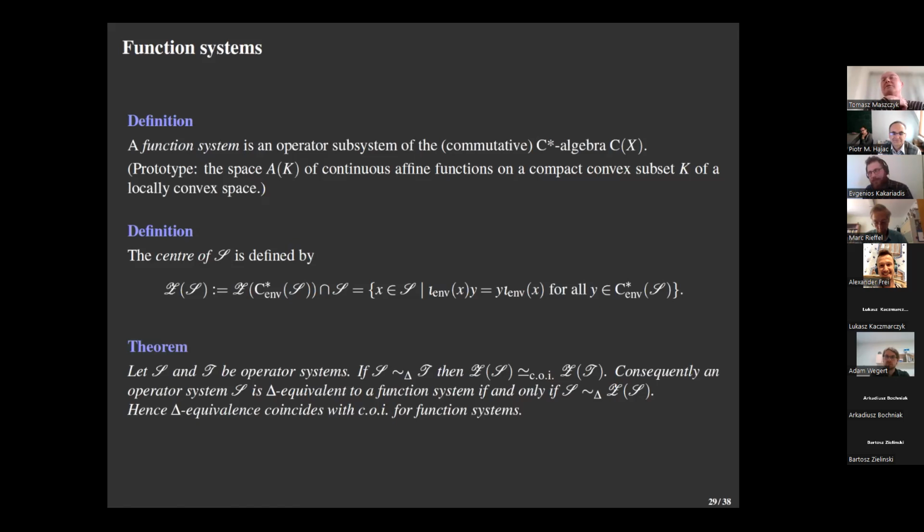If you speak about envelopes in mathematics, all envelopes have the following property: representations of the system which is enveloped correspond to representations of this enveloping algebra. It's like the enveloping algebra for a Lie algebra and other examples. So this is the usual meaning of enveloping.